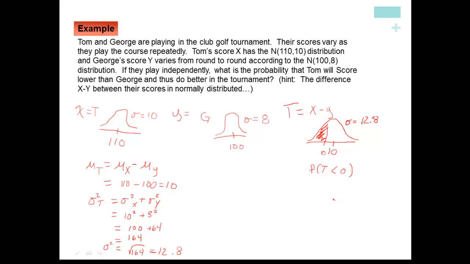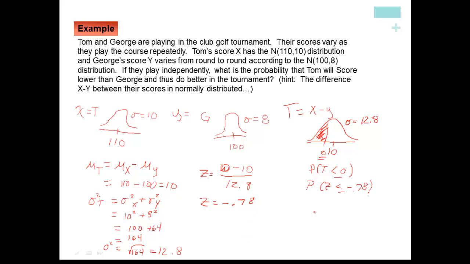So what I'm going to do from this point is standardize this. So I need to find the z-score that would correlate to a score of 0 here with a mean of 10 and a standard deviation of 12.8. So z will equal 0 minus 10 divided by 12.8, giving me a value for the z-score of negative 0.78.